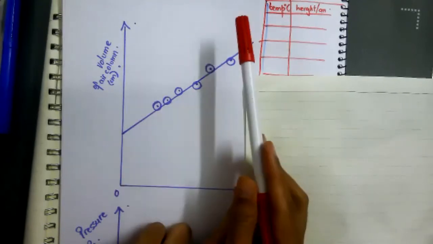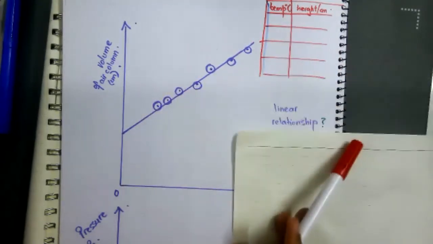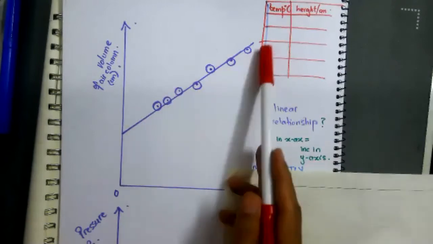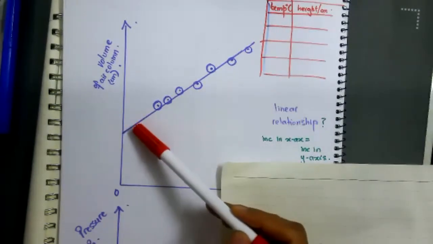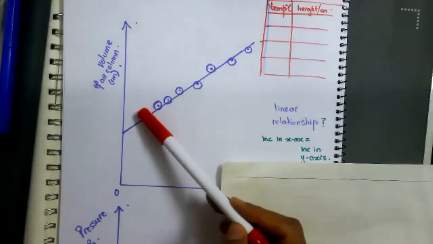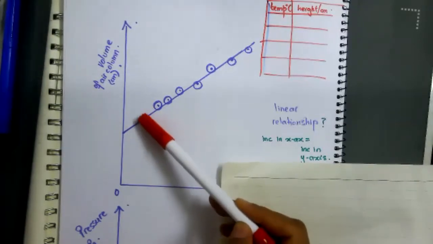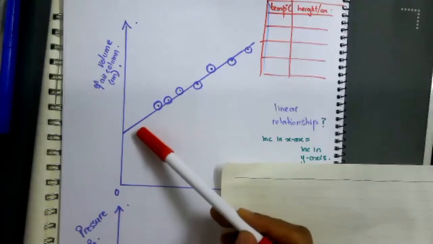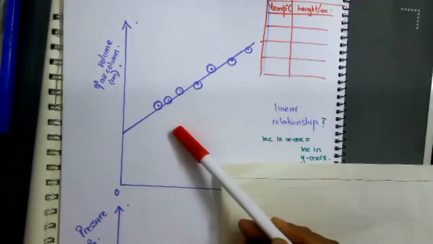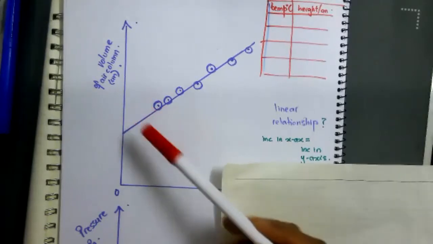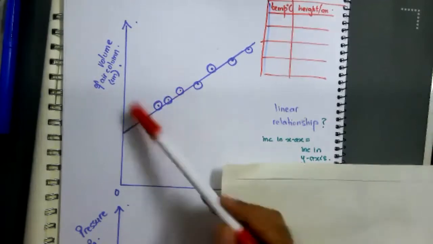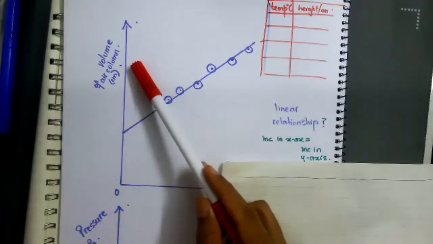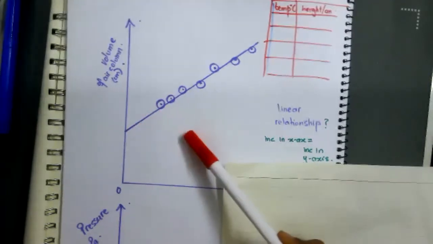So yes, the relationship is linear, which means straight line. What does linear mean? It means equal increase. If the y-axis is increasing by 2, the x-axis would also increase by 2.